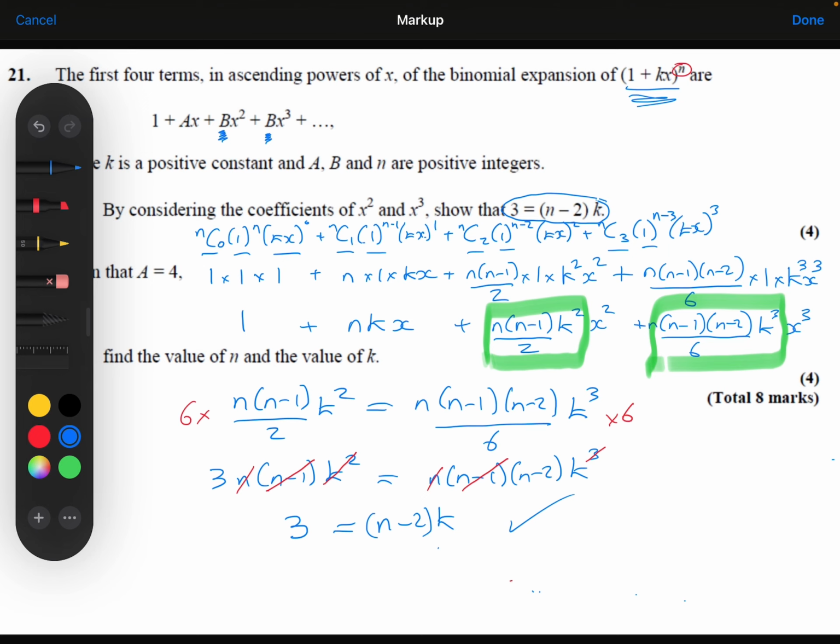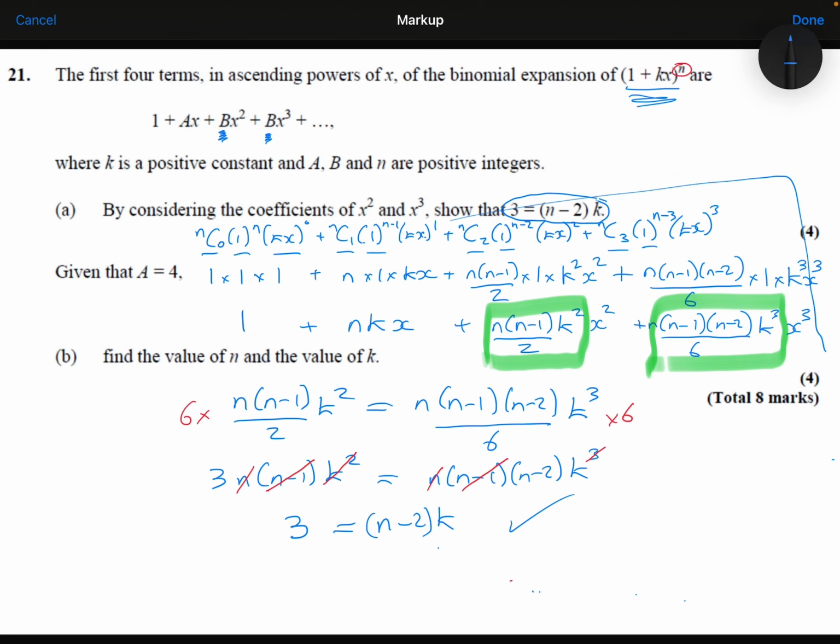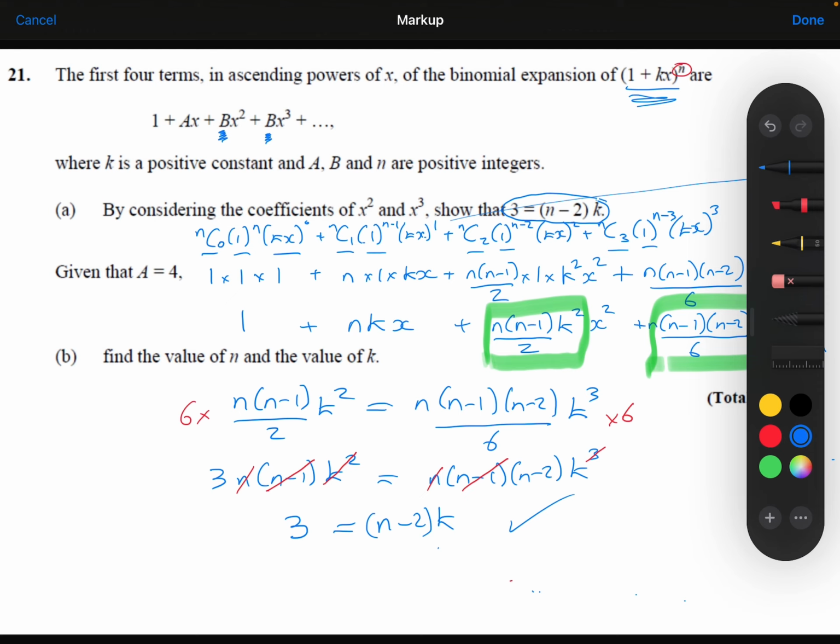So that's part A done. We're now told that a is 4. So that's the coefficient of x, which is nk in my expansion.